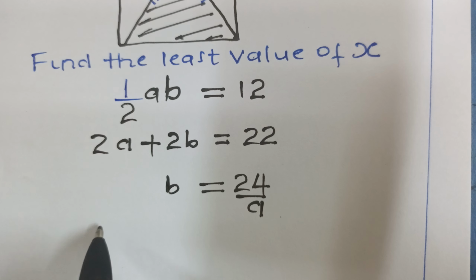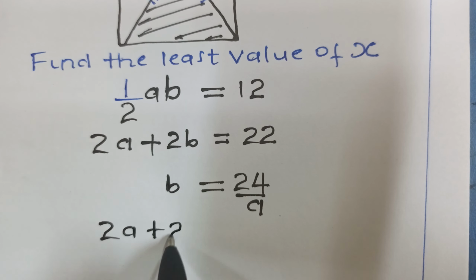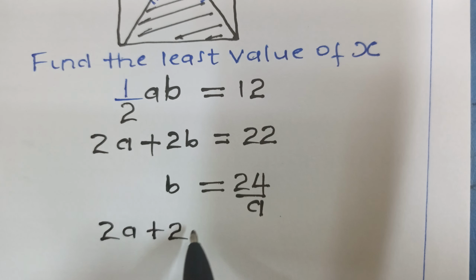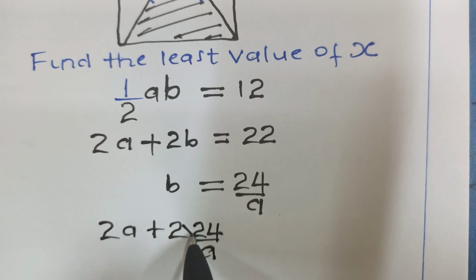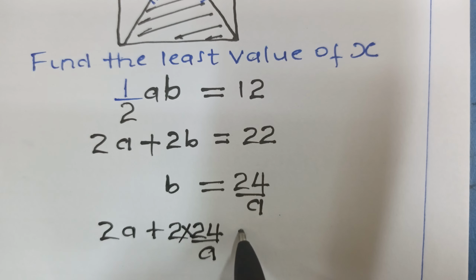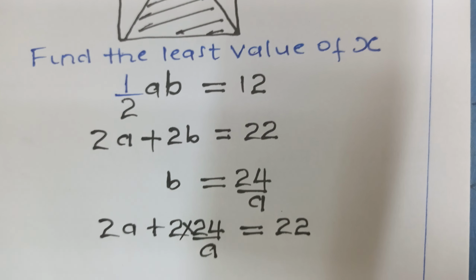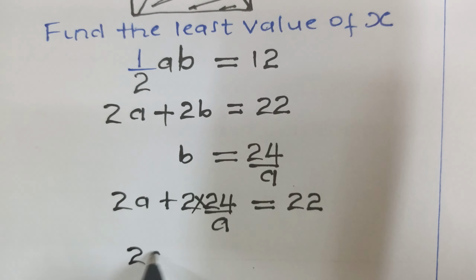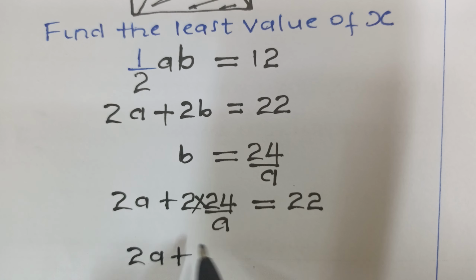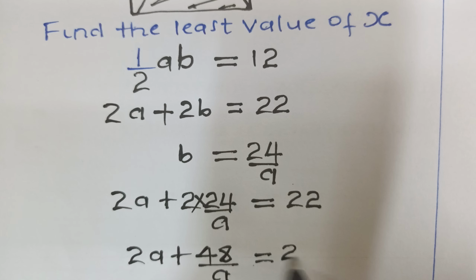And so I will write 2a plus 2, instead of writing b, I write 24 over a, and here we have times. This now comes to 22. And now we can evaluate this. This comes to 2a plus 48 all over a equals 22.